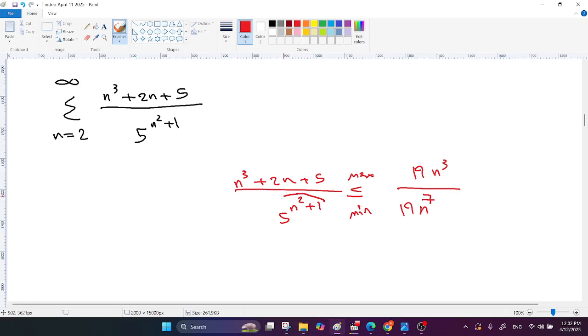Remember that exponential is stronger than any polynomial. So I can put here 19 n to 7. This equals 1 over n to 4. This one is convergent. So the original one is convergent.